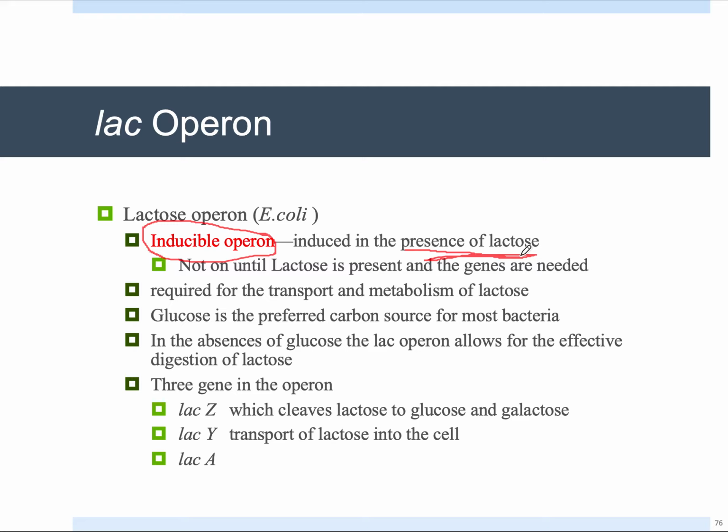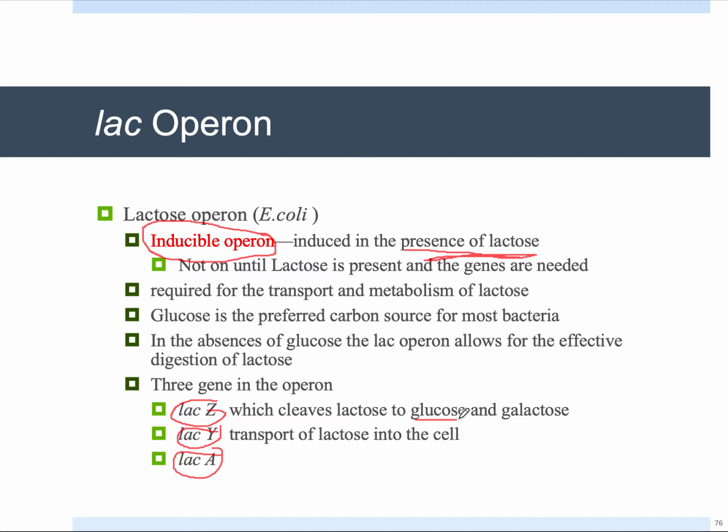and then the products that it produces are then used in the process of digestion. So you have these three genes, lacZ, lacY, lacA. These are structural genes. There is also lacI, which is a regulatory gene, but we just concentrate on these three. And you need them to cleave or break up the lactose into glucose and galactose.